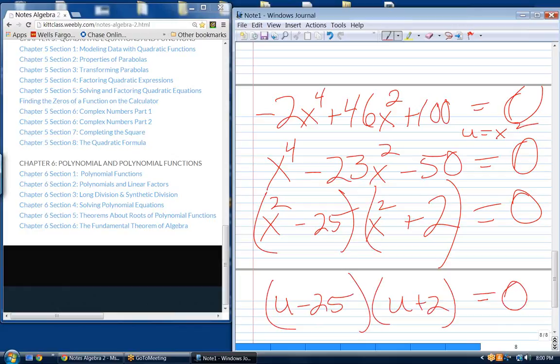Are you familiar with using substitution for doing this stuff? Have they used that term with you? Not for this. No? All right. Well, they may or they may not. Some curriculums talk about using substitution to turn a quartic into a quadratic. Because what that really is a quadratic in disguise, is what I like to call it.